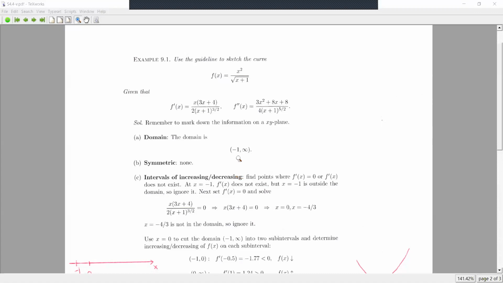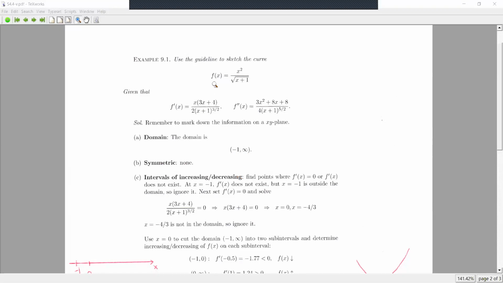Because this interval is not symmetric about 0, the origin, the function has no symmetry. For an even function, its domain must be symmetric about 0. For an odd function, its domain must be symmetric about 0.